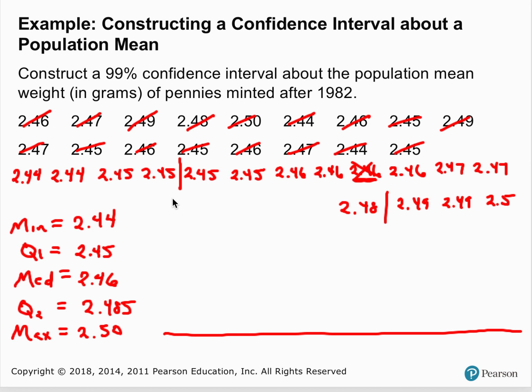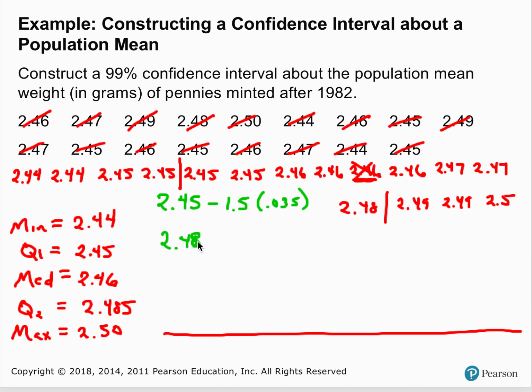All right, so to find my fences, I've got quartile 1, 2.45 minus 1.5 times my IQR, 0.035. I really don't need to draw it. I just need to know where the outliers are in particular.